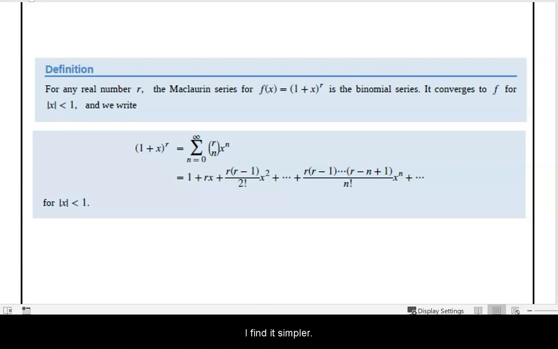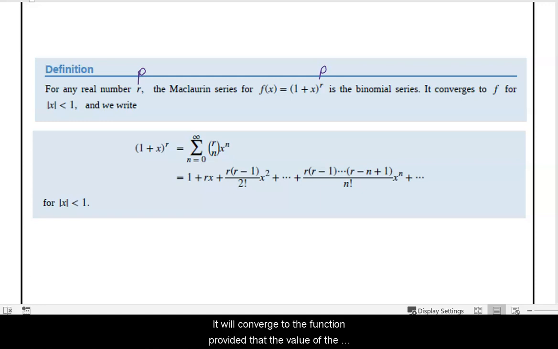I find it simpler rather than trying to remember whether I'm looking at probability and statistics n and r or calculus 2 n and r. So for me, this will read, for any real number p, the Maclaurin series for f of x equal to 1 plus x raised to the p power is the binomial series.